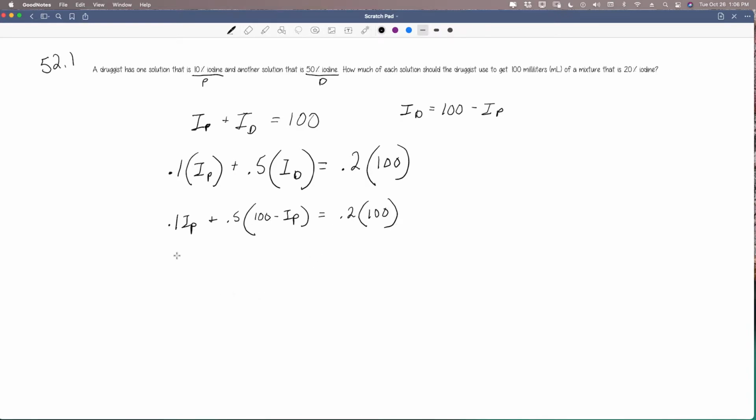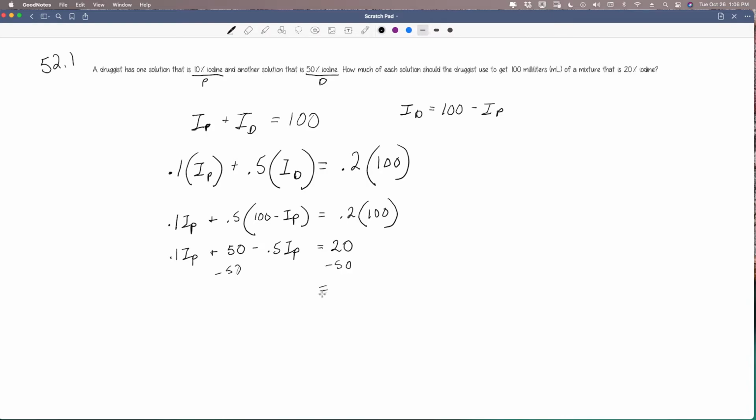Now we can do some math. 0.1 times the iodine poured plus, this is going to be 50, because half of that is 50, minus 0.5 iodine poured equals 20, because 0.2 times 100 is 20. All right, so now we can subtract 50 from both sides.